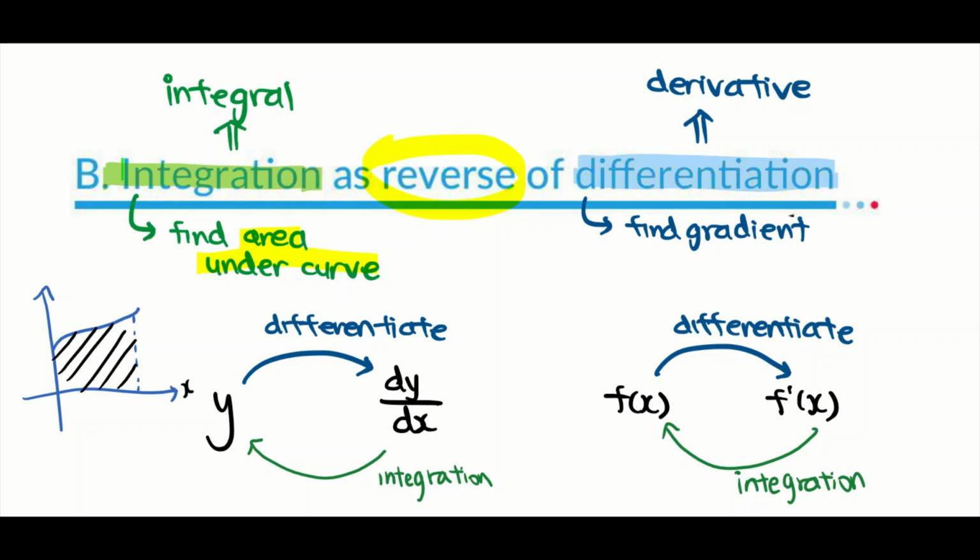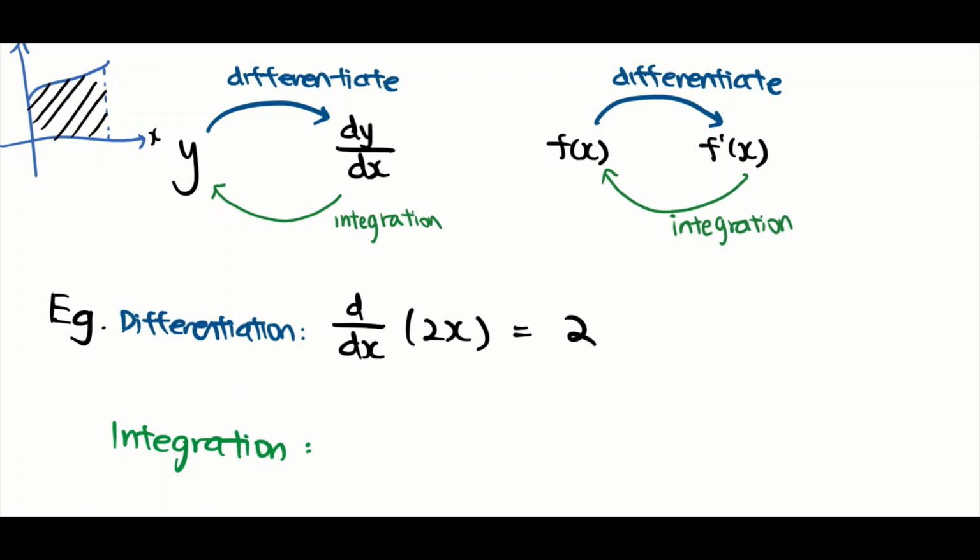Can I go to one example? Like a very simple one. Differentiate 2x. Agree that you'll give me 2? So what's the opposite? The opposite will just be integration. So we will use this sign, the symbol for integration. I am integrating 2.